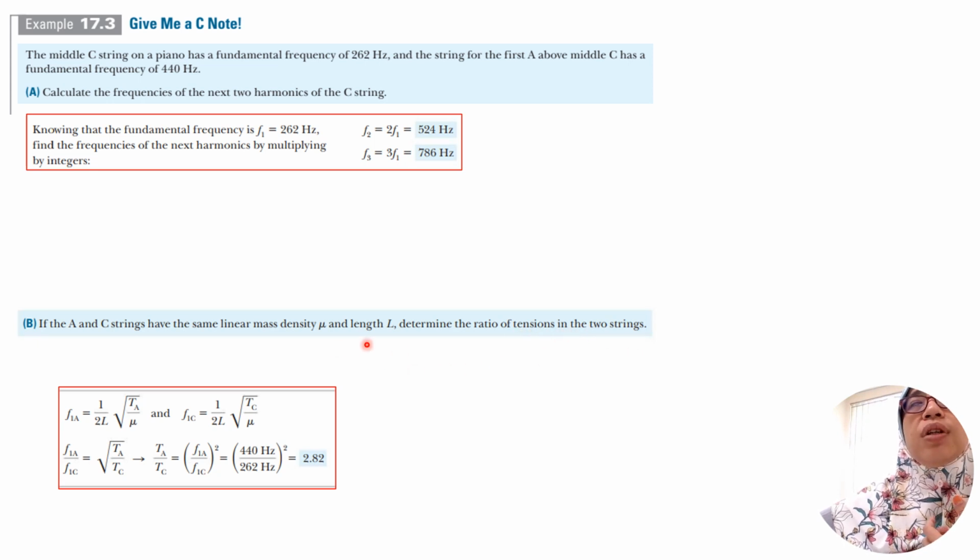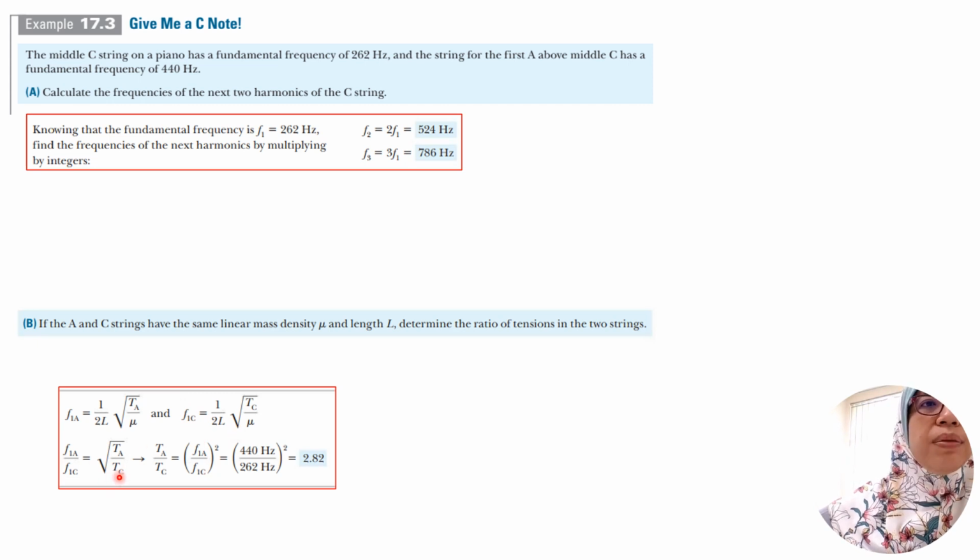Alright, this question is trying to say, behind the story, that between A and C, the reason they have different values of fundamental frequency is due to the tension itself. The tension of their strings is different. So what we do is divide the two expressions by each other. This expression is for F1 of A, and this expression is for C.